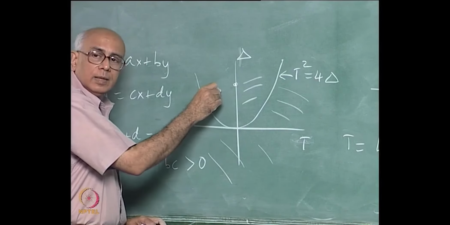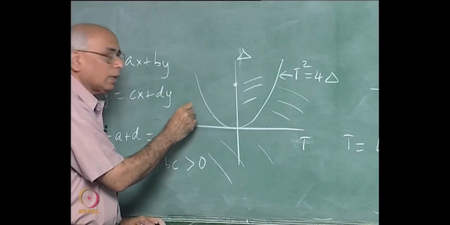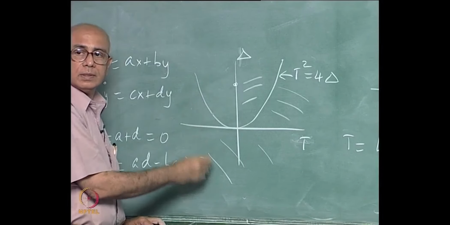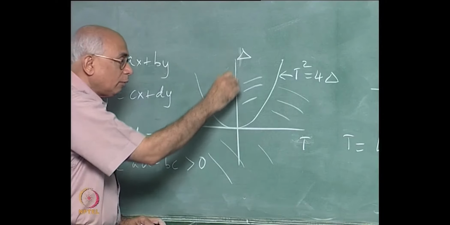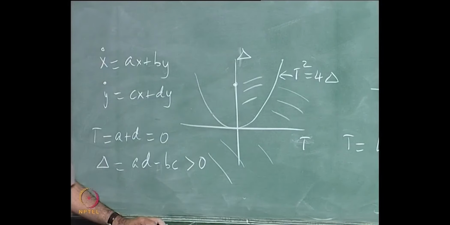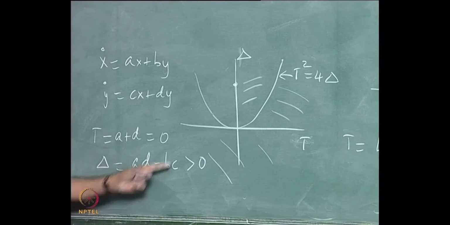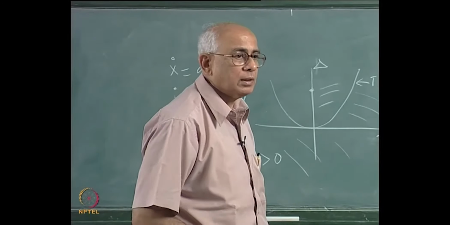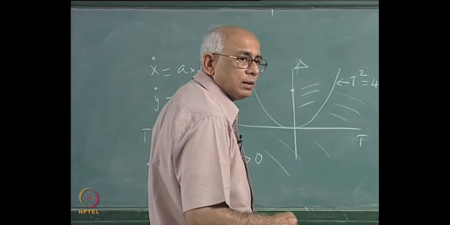You had asymptotically stable spirals here, asymptotically stable nodes here and saddle points here, and the center was very fragile, it was perched right on this line. So you must have t equal to 0, that is a plus d equal to 0, and you must have ad minus bc greater than 0 to have a center. Turns out this is the necessary and sufficient condition to have a center.